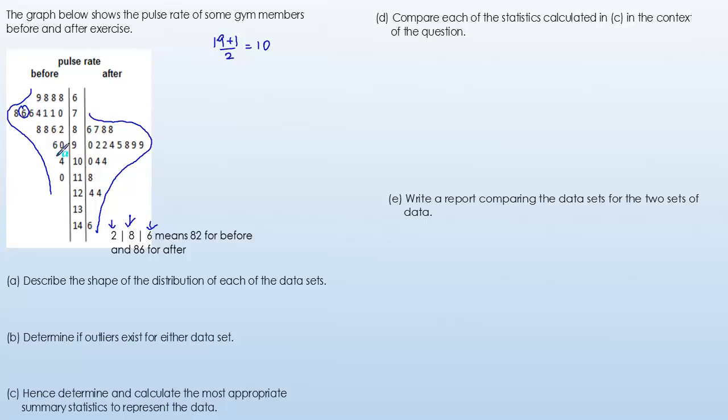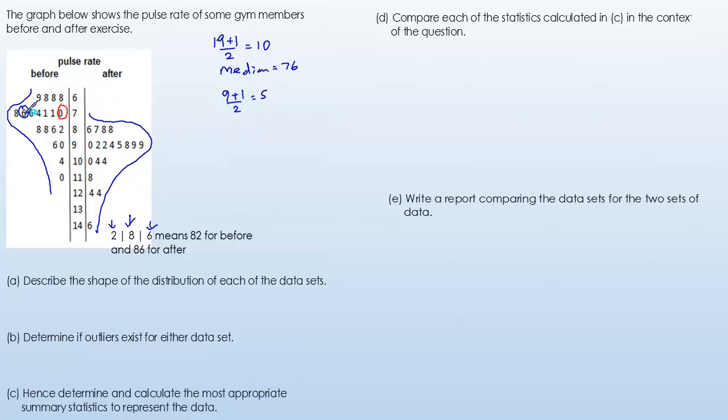So this one here is the median. So the median is equal to 76. And then there'll be 9 pieces of data either side. 9 plus 1 divided by 2 is 5. So the 5th piece of data, 1, 2, 3, 4, 5, is the lower quartile.